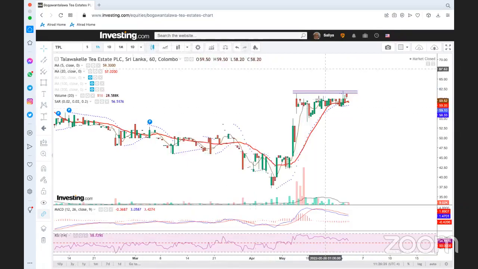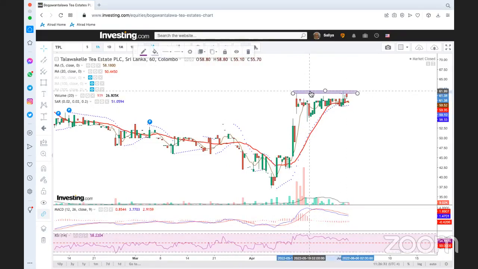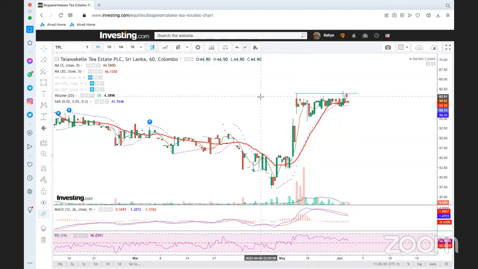Right? But for me, even 61.40 is okay. So 61.40 is the parallel resistance line.